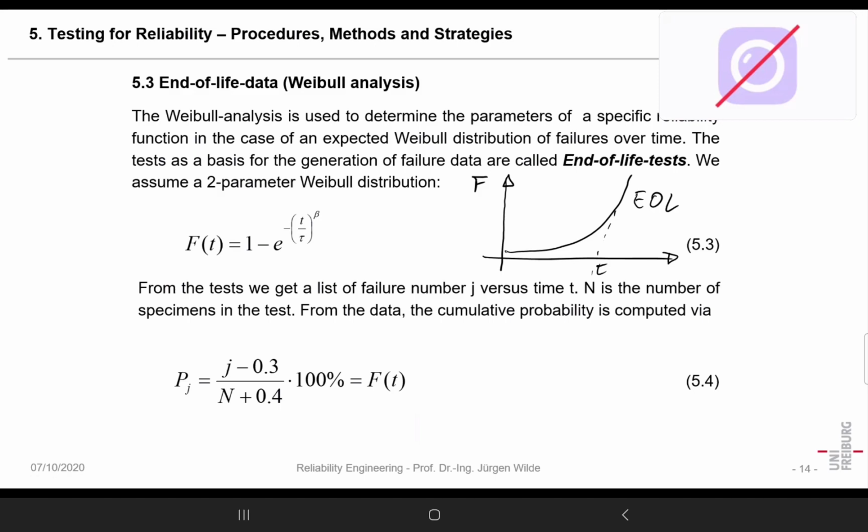And the distribution function we typically use is the Weibull distribution. Weibull was a professor in Sweden, and he first used that distribution function for modeling strengths, and later on it was used in order to model lifetimes.